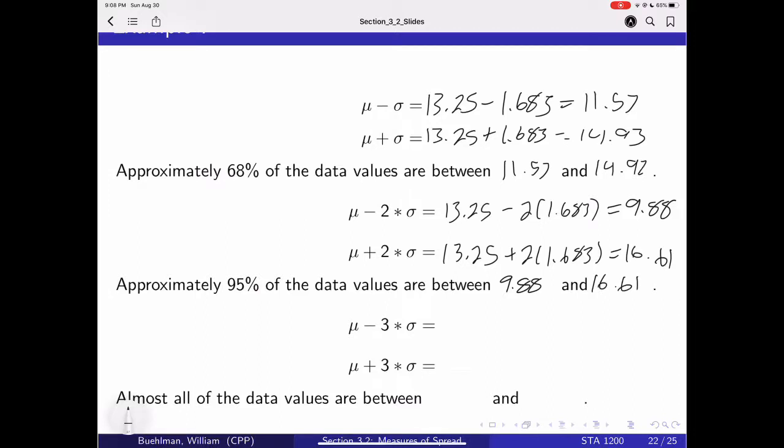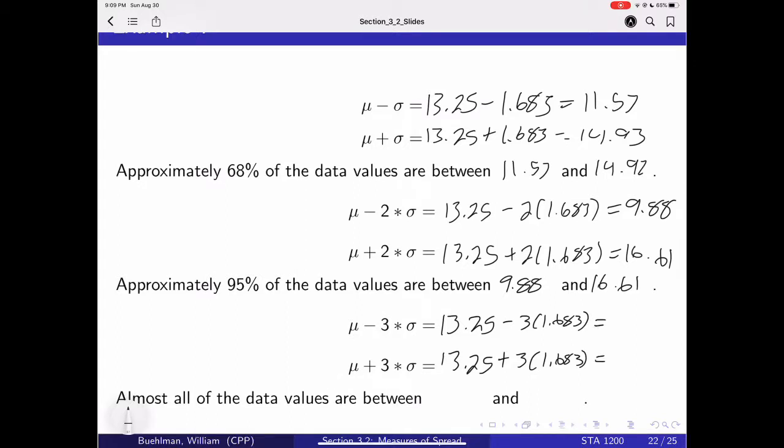So now similarly, we're going to do 3 standard deviations. So we have, again, mu is 13.25 minus 3 times the standard deviation plus 3 times the standard deviation.